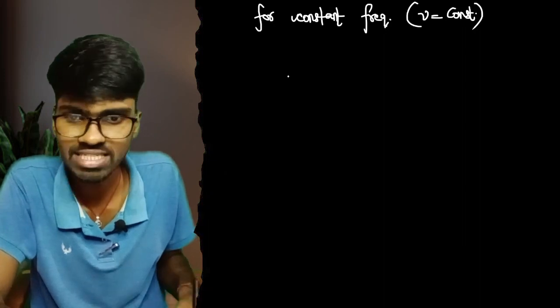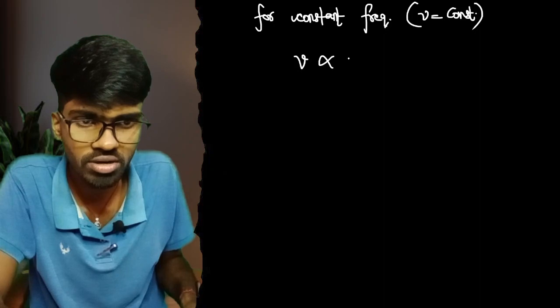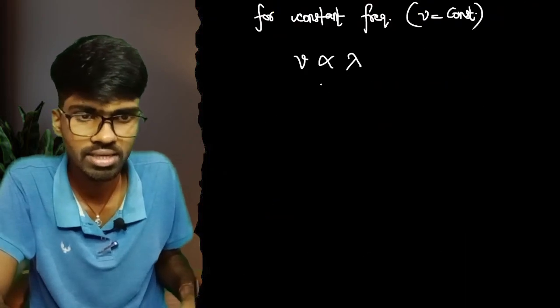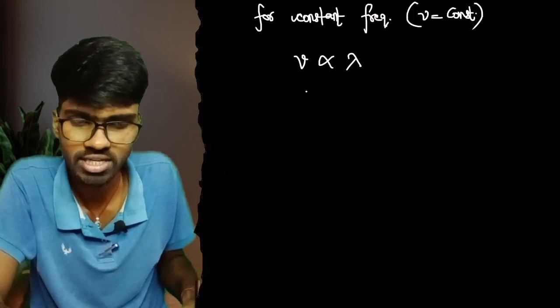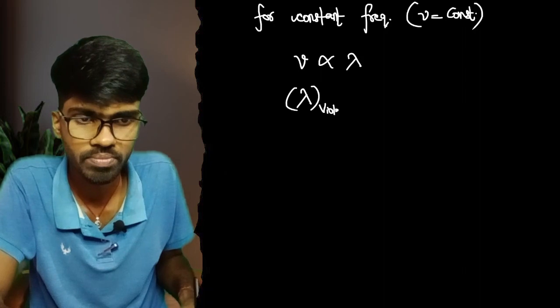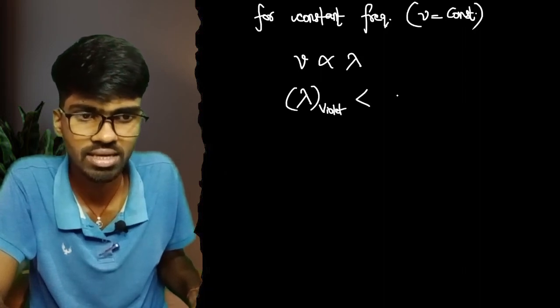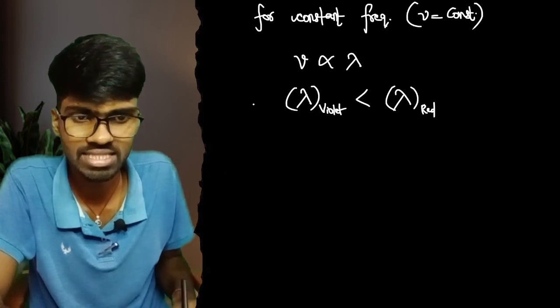So as frequency is constant, we can directly write velocity depends on wavelength, and we know that wavelength of violet is lesser than that of red. Okay, so the first point is this.